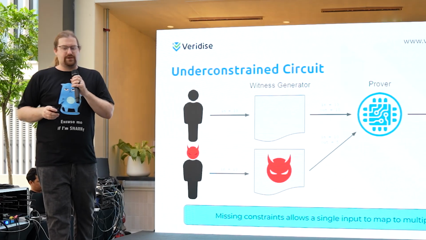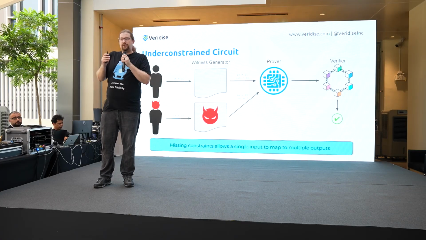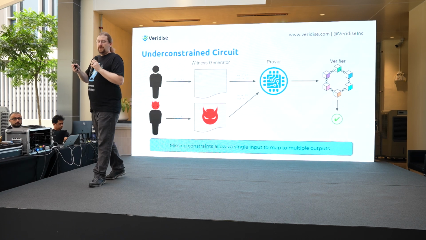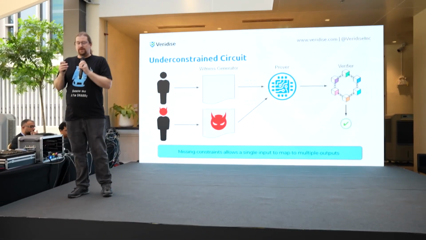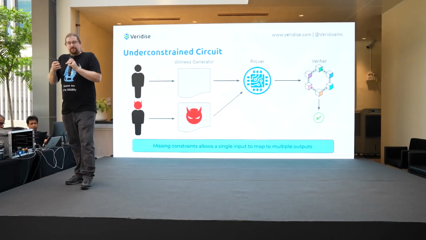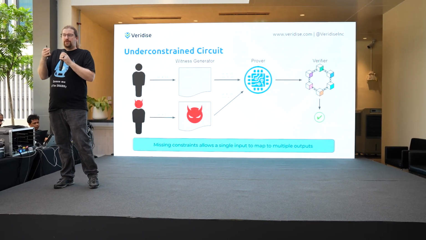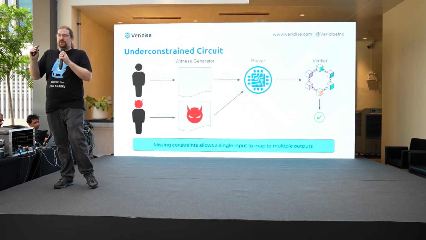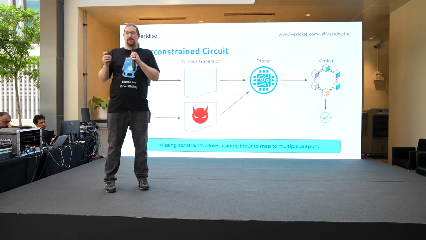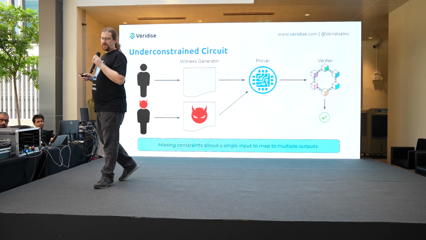When you have an under-constrained circuit, another user can provide an alternate witness generator, which essentially generates proofs that yours cannot generate. The reason that's important is that if these are accepted by the prover and then the verifier, then they can essentially prove unintended things, or they can create ZK proofs that you do not intend, and those proofs can be accepted by your verifier, and it can, again, cause unintended actions to take place.